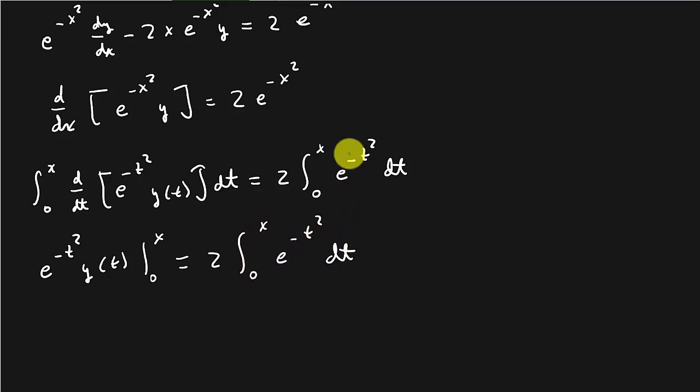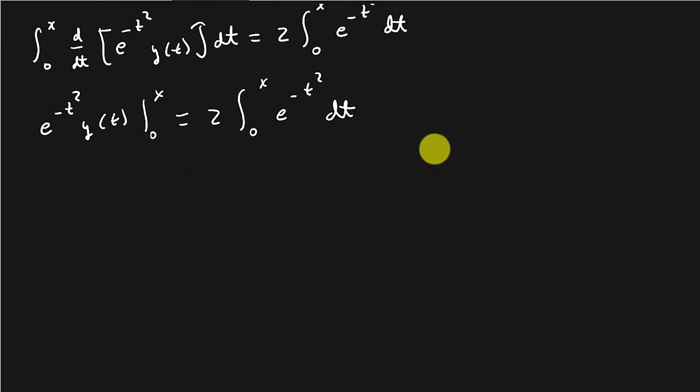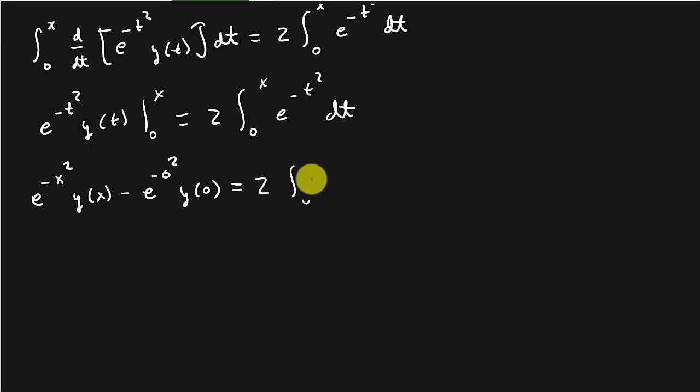See, we can't integrate this right hand side over here. And then if we plug everything in, that's going to be e to the negative x squared y of x minus e to the negative 0 squared y of 0 equals 2 integral 0 to x e to the negative t squared dt.